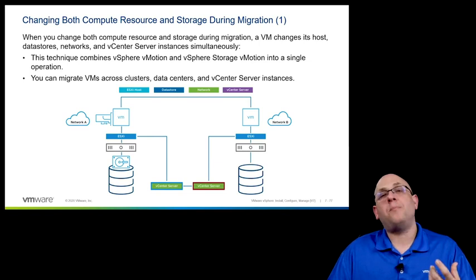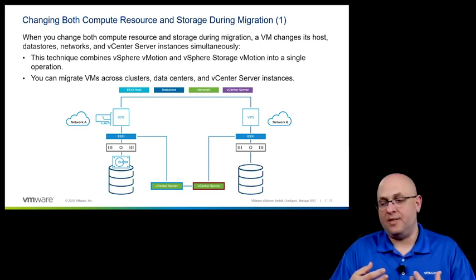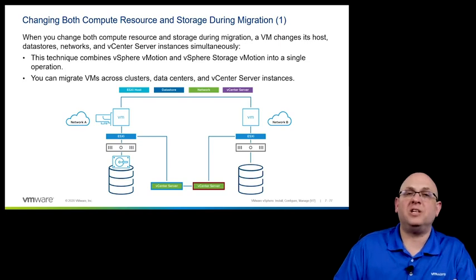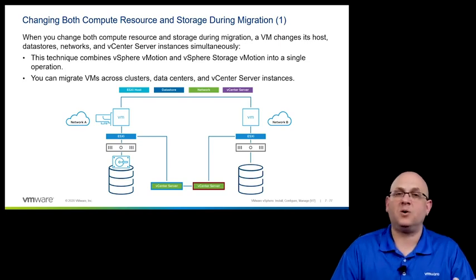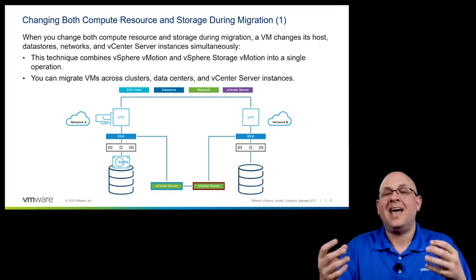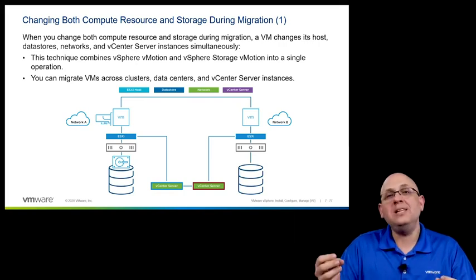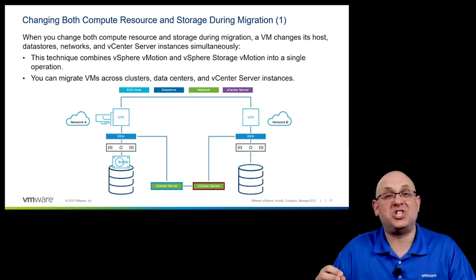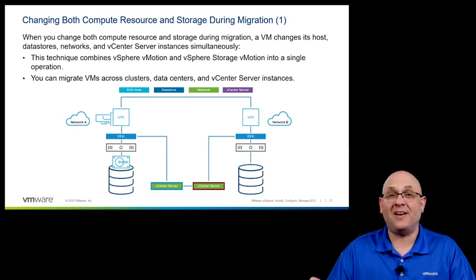Now, of course, you can combine a storage vMotion with a vSphere vMotion by moving both the virtual machine's files from data store to data store and the virtual machine process and memory from host to host at the same time. And when you do this, this will eliminate the requirement for shared storage, which is a very nice thing.